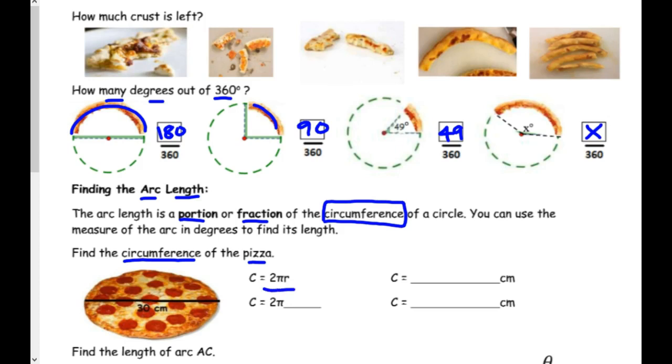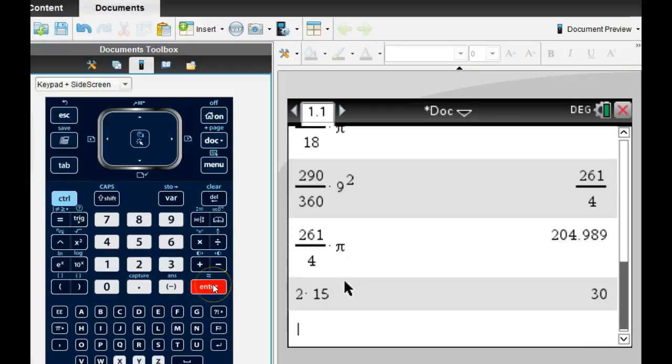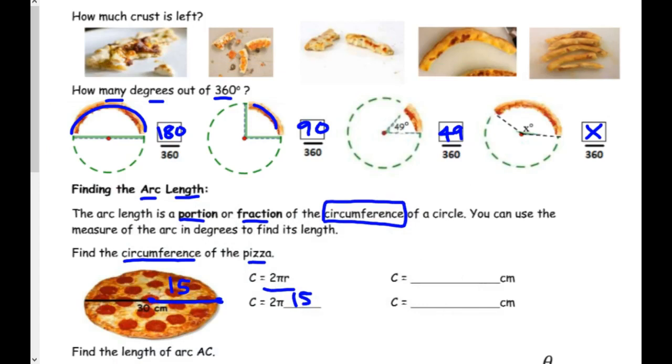2 pi r. What is the radius here? Okay, half of 30, again it's 15, so 2 pi 15. So if I want this answer in terms of pi, it's going to be 2 times 15, which should be mental math, right? Do we know 2 times 15? No? That saddens my heart. 30, okay.